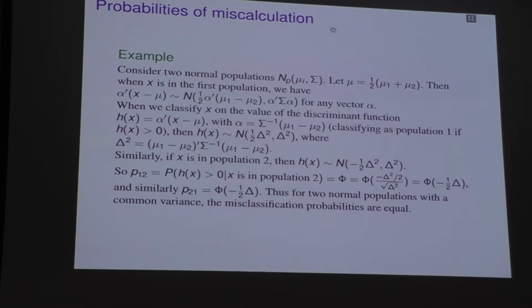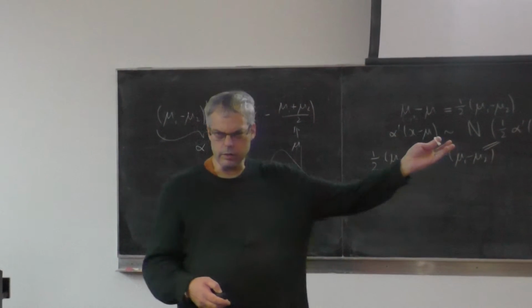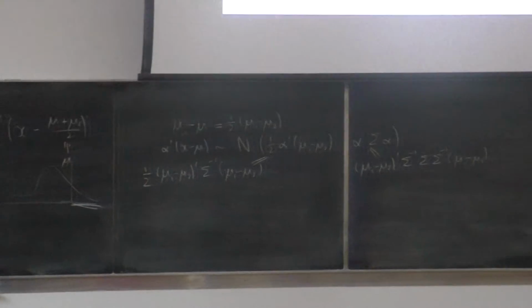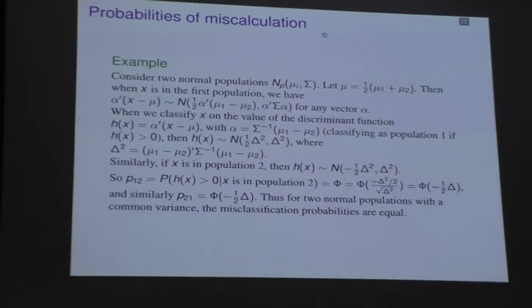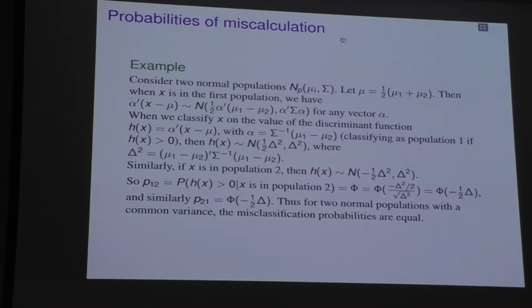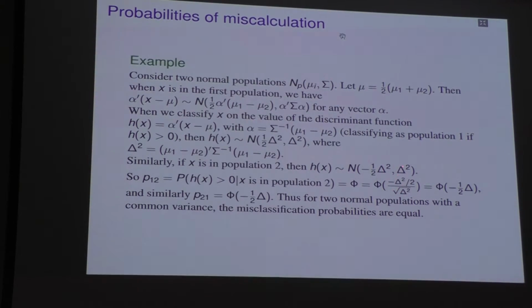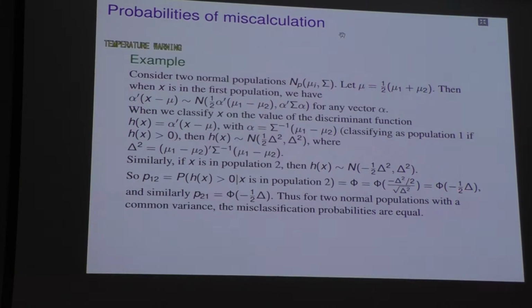And there's our distribution of h of x under the assumption that x is in population 2. So we're asking that some normal distribution is taking on some positive value here, and you can just read that off from the statistics of the normal distribution in terms of that phi function. So it's just minus delta squared over 2 over the square root of the variance. So phi of minus a half delta.